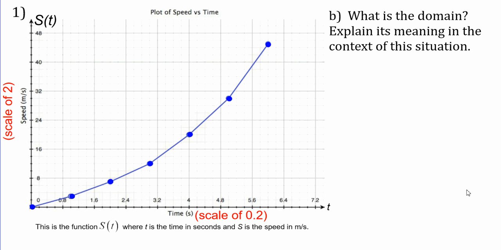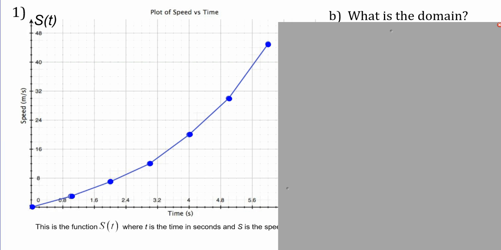What is the domain, and explain its context? The domain is the set of all the inputs, so we want from smallest to largest, minimum to maximum. We're going to look at the far left of our graph and go along the input axis to see how far we go to the right. And we said it's continuous, so we want all the in-between values. We're starting here at 0, using all the inputs to here.